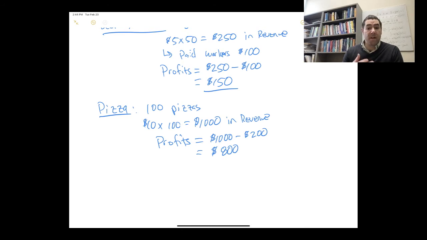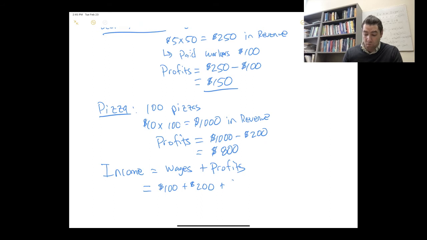Now, let's add up total income. Wages plus profits. Well, our wages were 100 from the beer producer plus 200 from the pizza producer.